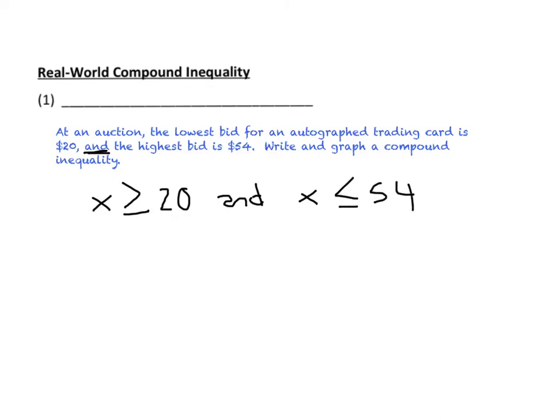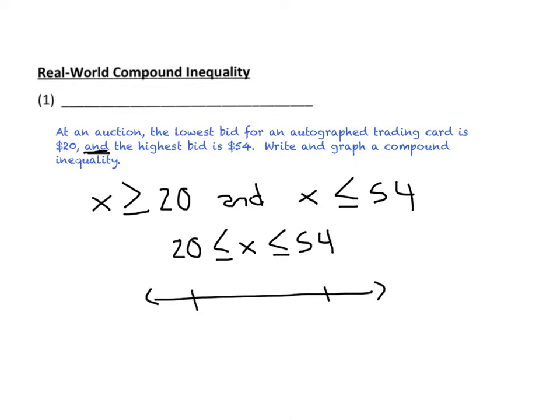To write this together as an intersection, you would just write x in the middle, and x is less than or equal to 54, but greater than or equal to 20. And when you graph this number line, include your numbers that are part of the expression, and recognize whether you need an open or closed circle. Shade in between, since that is the only solution set that would include points for both inequalities.